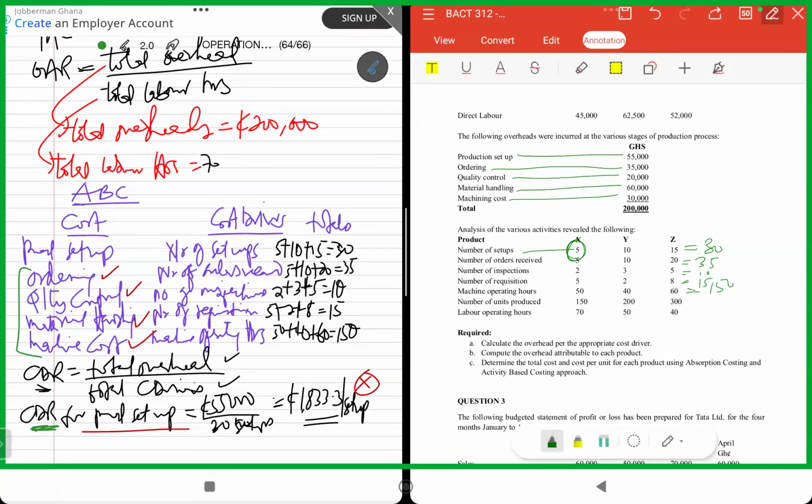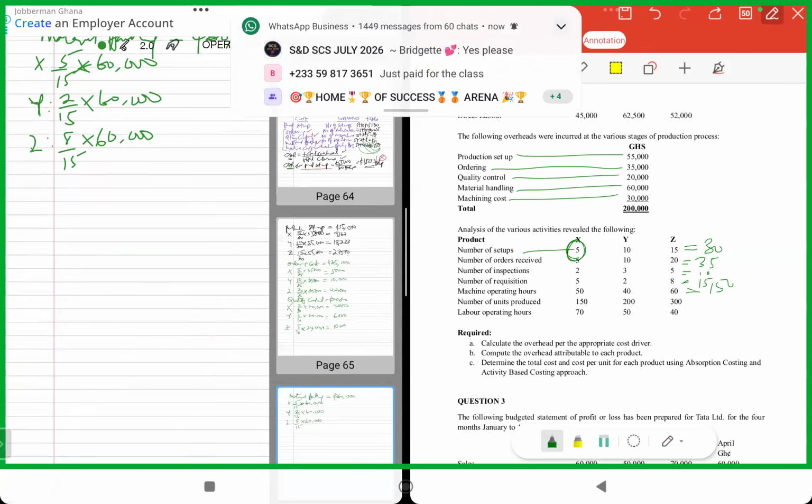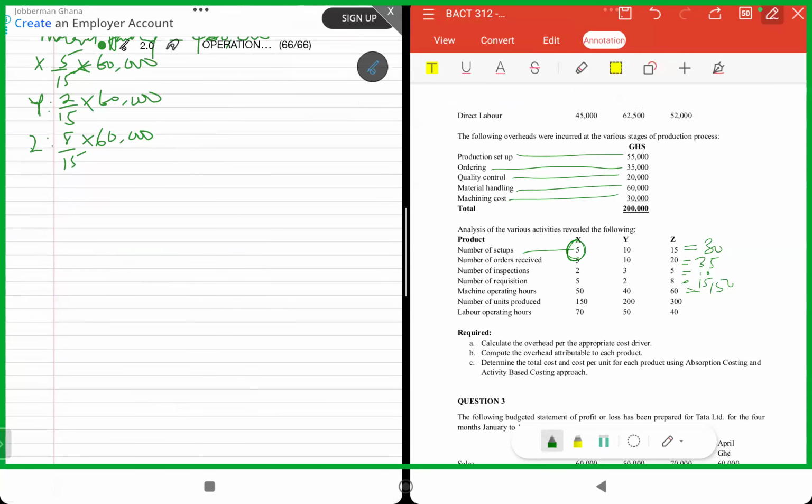It is 5/15, 2/15, 8/15. 50/150, 40/150, 60/150. Let me show you something. 5/15 of 60,000. What do we have? 20,000, then 8,000, then 32,000.